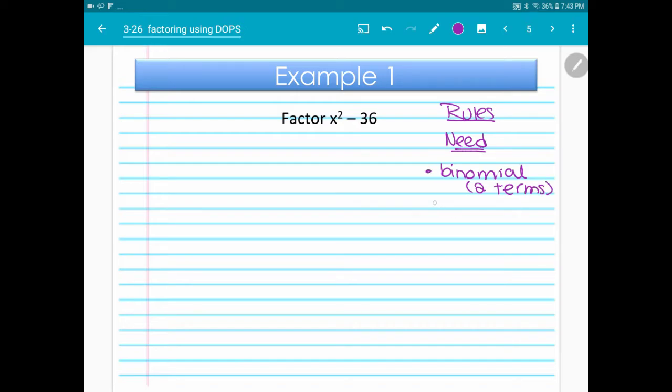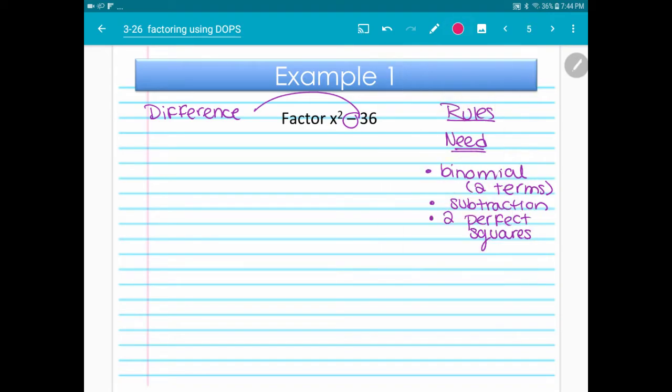You also need it to have a subtraction, because the word difference of perfect squares, remember, difference means subtraction. Okay, so you need it to be a binomial, you need it to be subtraction, and you need it to have 2 perfect squares. Okay, so what I mean by that.